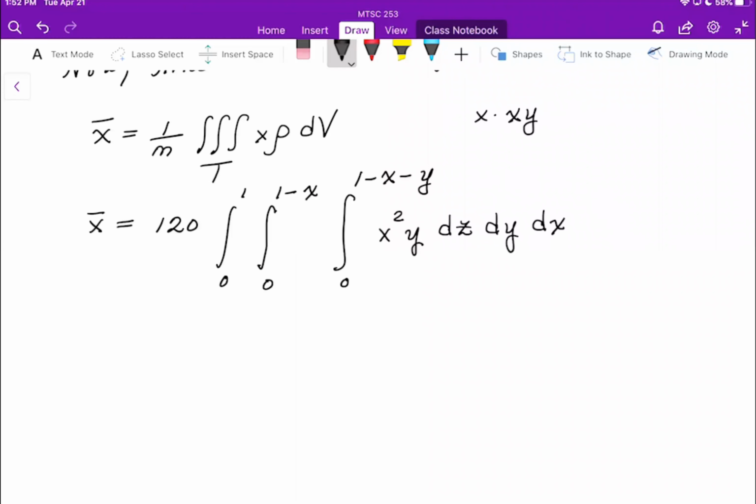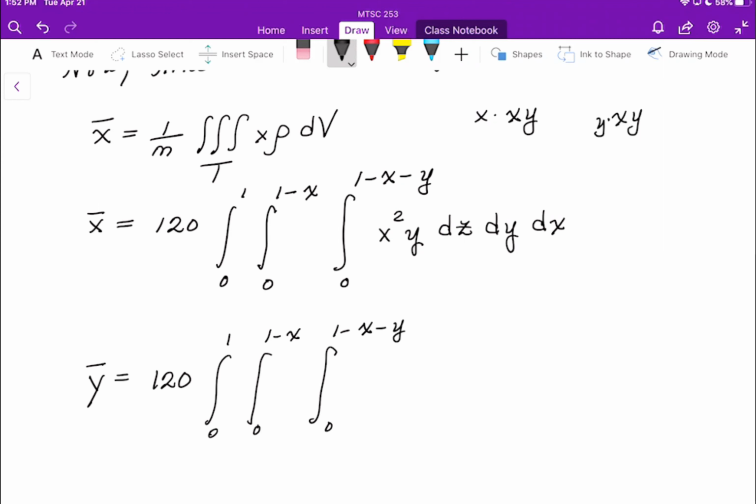The y coordinate is going to be 120, integral from 0 to 1, integral from 0 to 1 minus x, integral from 0 to 1 minus x minus y. I'm going to take xy and multiply by y, so that's going to give me xy squared dz dy dx.